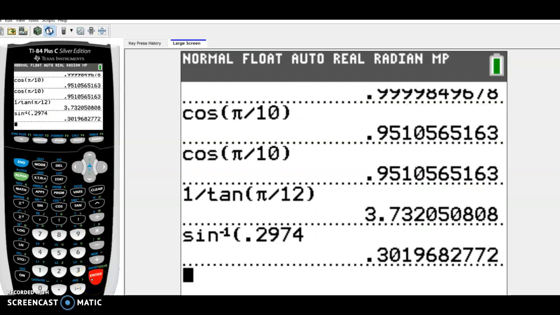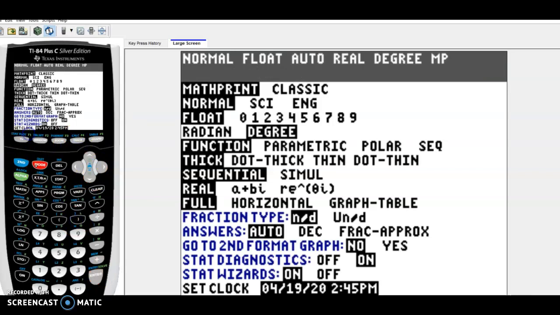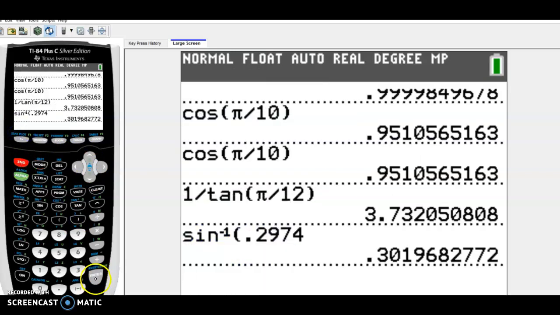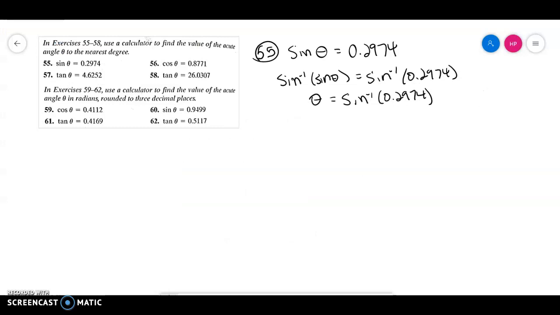And I get this crazy answer. If I switch my mode and I switch it to degrees instead, as it should be, and I take the sine inverse of 0.2974, 17 degrees. Very, very different answer. So all of these problems, it is just a lot of calculator work.